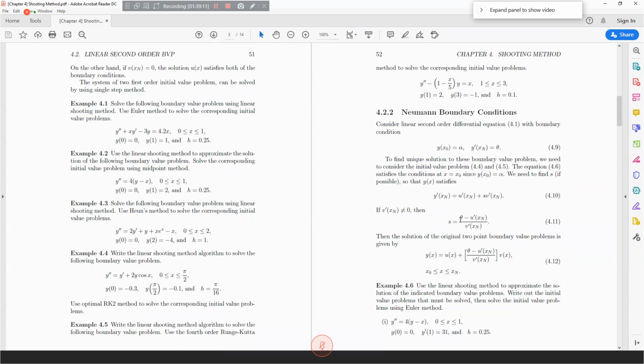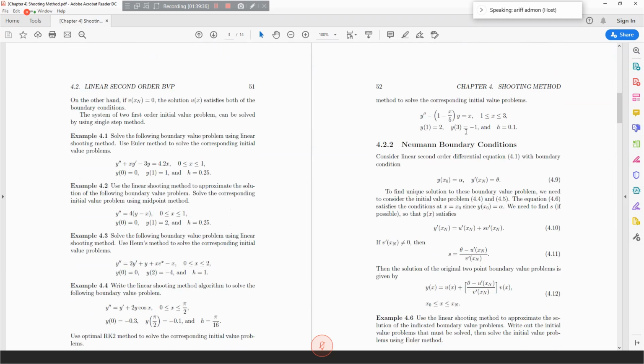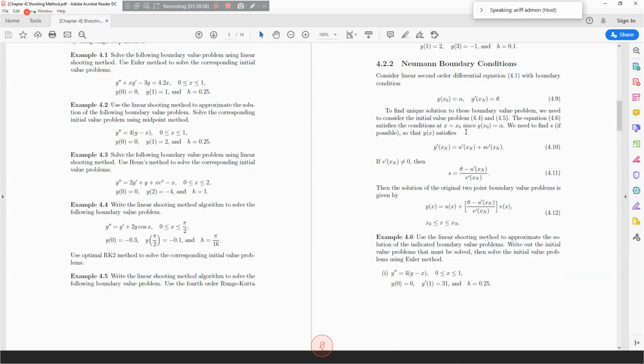Once you get the S value, you substitute back to your S here, and then we use the same concept as in our Dirichlet. You put i here: y(xi), u(xi), v(xi). Now you have the value of S, then you can find the solution of yi. Maybe start from 1, 2, 3, 4, substituting one by one, and you get the solutions y1, y2, y3, y4.